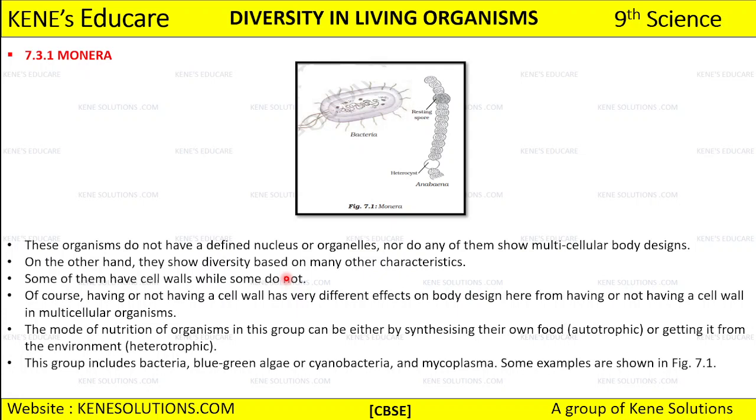What did I say? The organisms in kingdom Monera are not going to have a well defined nucleus, they do not have organelles, and they do not show any multicellular body design. But you will find that some of the organisms can show a cell wall, while some of the organisms will not have the cell wall.